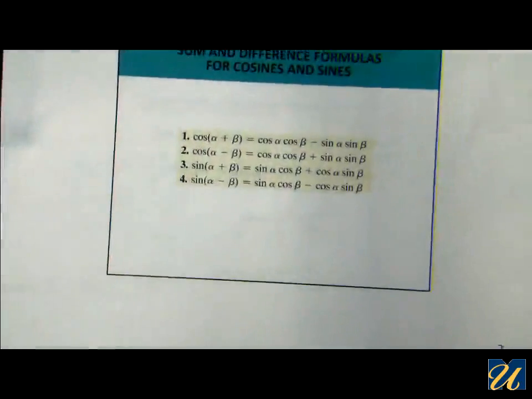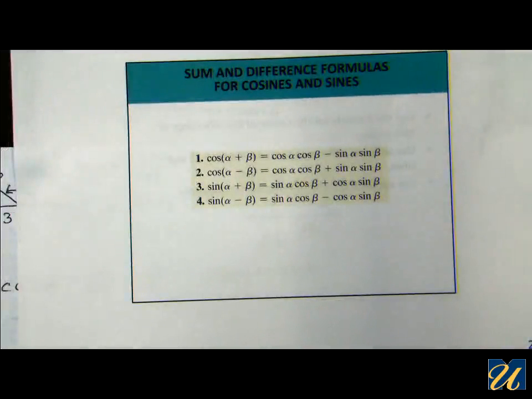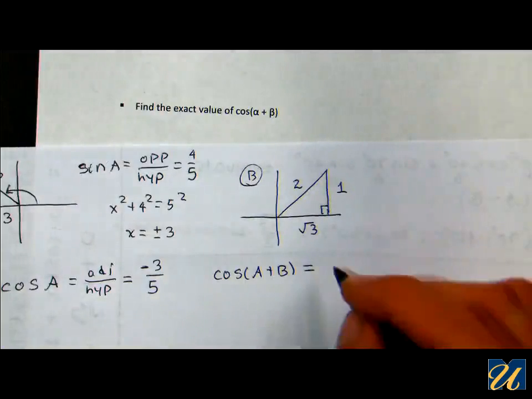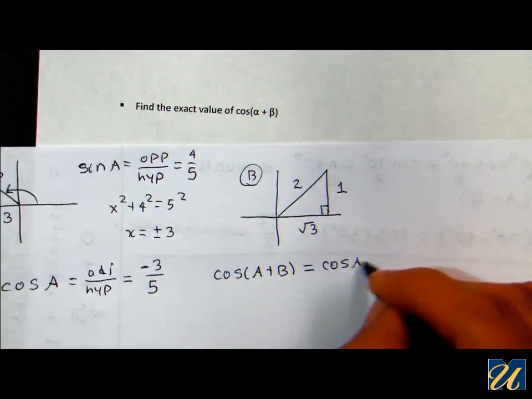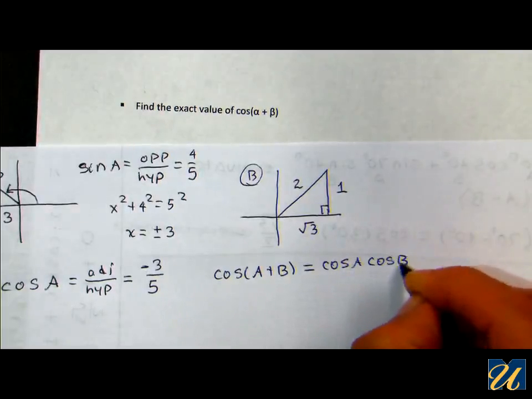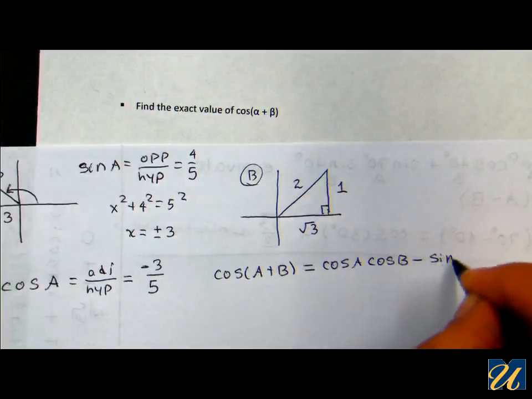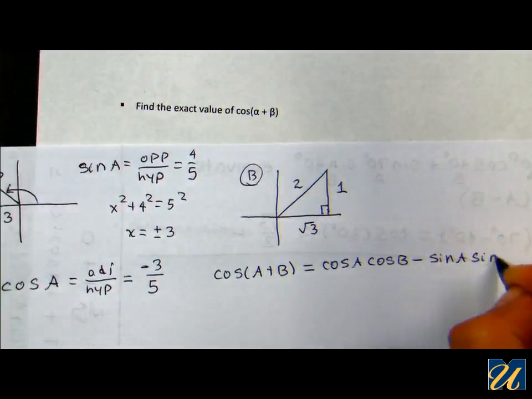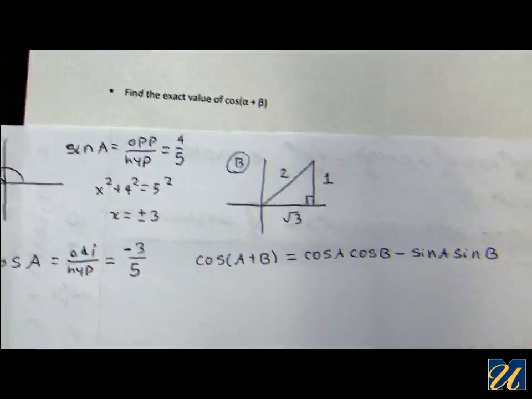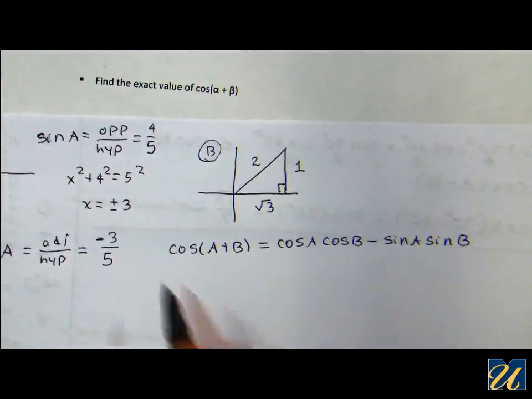Okay, so let's get that in front of us. Cosine of A plus B: cosine, cosine minus sine, sine. Cosine A, cosine B minus sine A, sine B. Okay. So here's what we want.